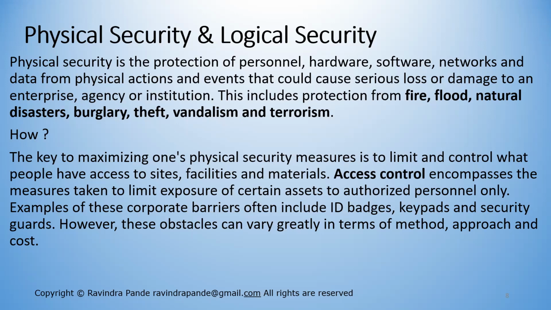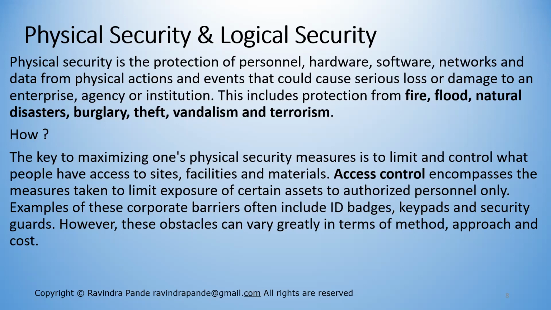And this is how we normally have even separate access control for separate people. Examples of these corporate barriers include ID badges, keypads, security guards. However, these obstacles can vary greatly in terms of method, approach, and cost. Again, depending upon your organization's funding, and depending upon the way they feel to address such scenarios, they might implement different methods, approaches, and costs.